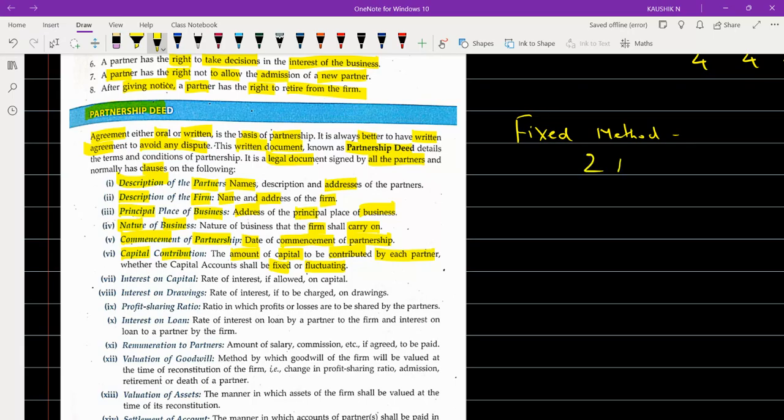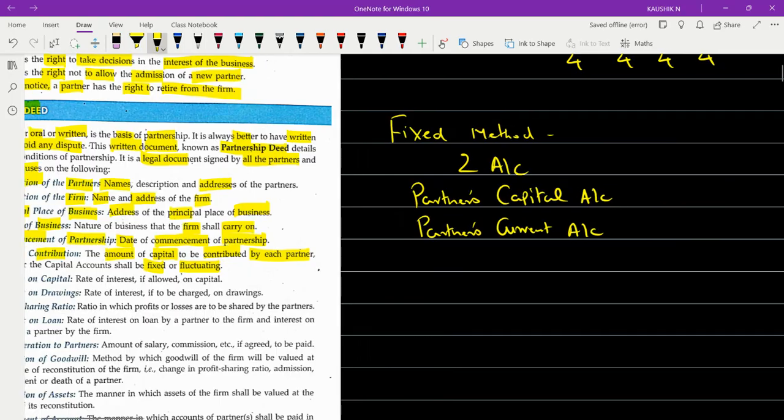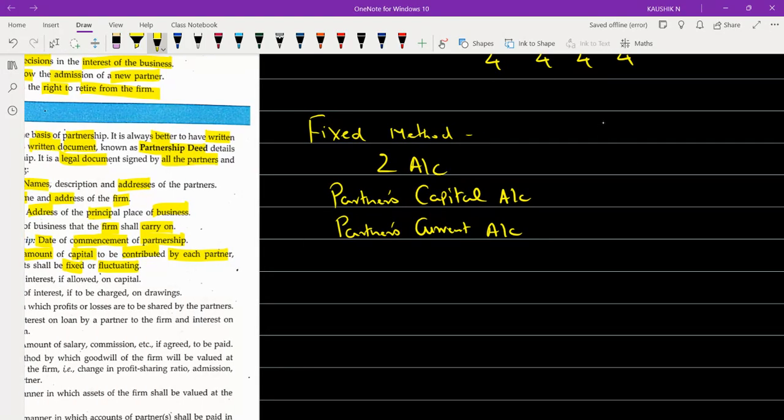You need two accounts to be prepared. What are they? One is the partners' capital account, and the other is the partners' current account.